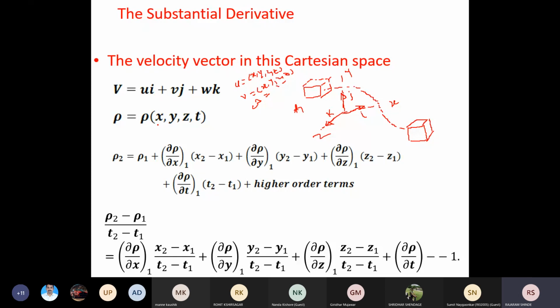Now, here I have taken this velocity and density. These are functions of time, so it is an unsteady flow. It is unsteady flow, as these fields or variables are functions of time and space. Now suppose at time t1, I write the density at time t1.